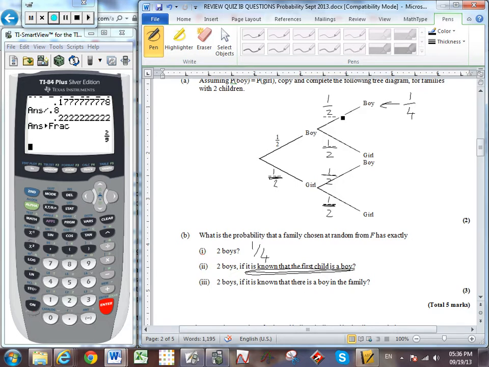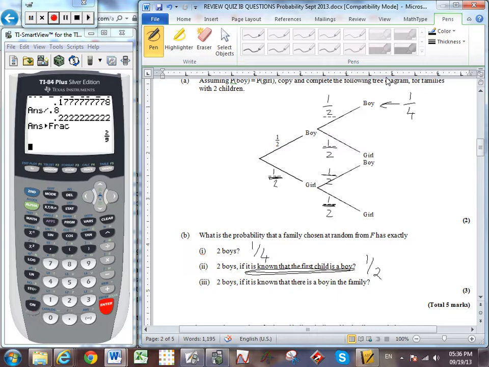Clearly it is 1/2. So when you've been given a prior event, in this case what the first child's gender was, we can walk along that path because we know that this has occurred, and we'll just measure any ensuing path's probabilities.